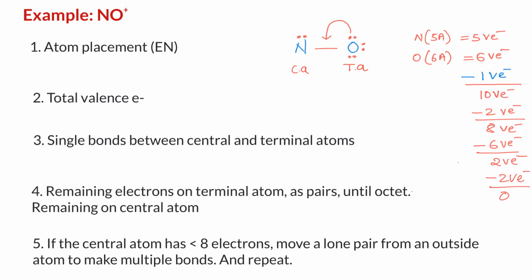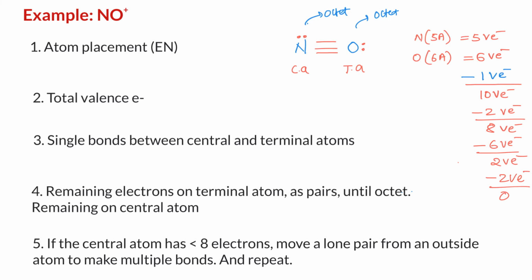That increases the number of valence electrons in nitrogen to a total of 6, but it is still not octet. Next, I am going to transfer another electron pair from oxygen as a multiple bond. Now that increases the total number of valence electrons in nitrogen to 8. Both the nitrogen and oxygen now have octet configuration.